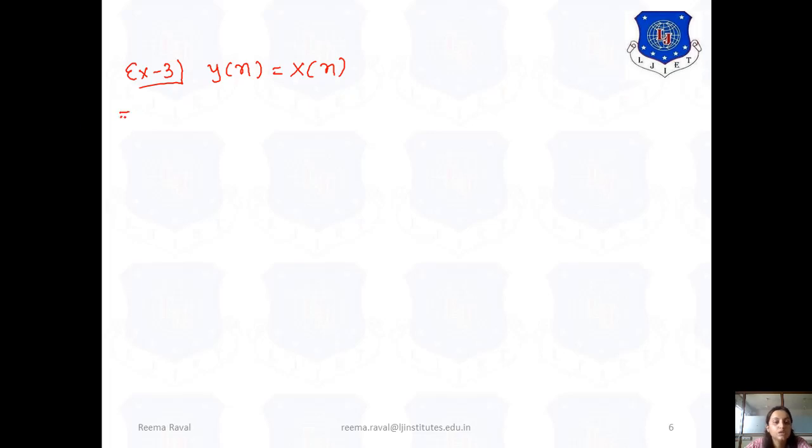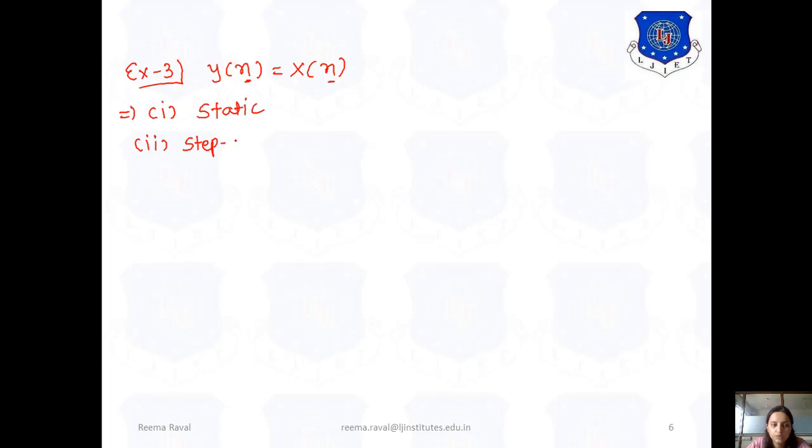For the first property, whether the system is static or dynamic, as you can see, output equals input only. So at that particular instant, it depends on the input of that particular instant only. So this will give us a static system.